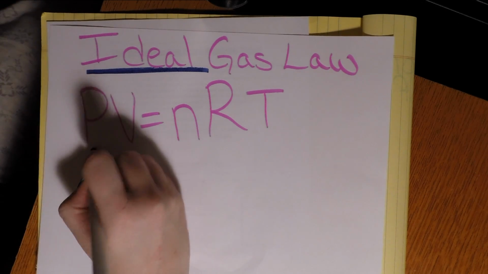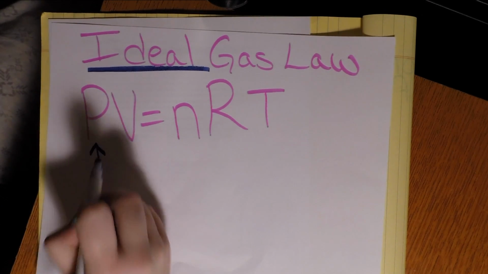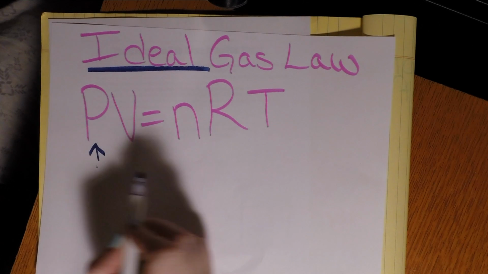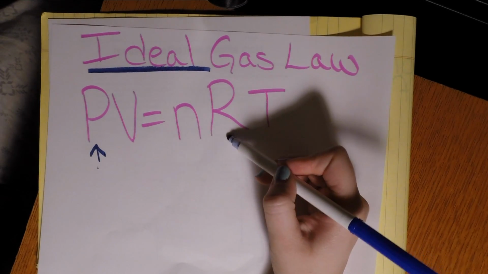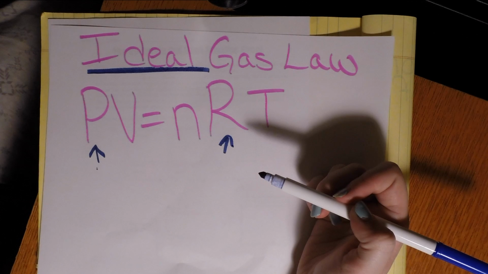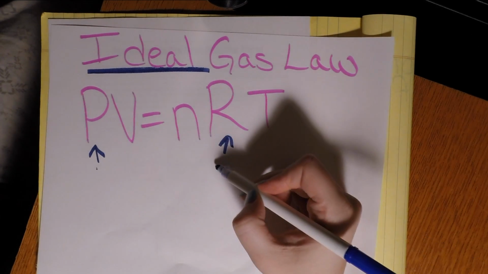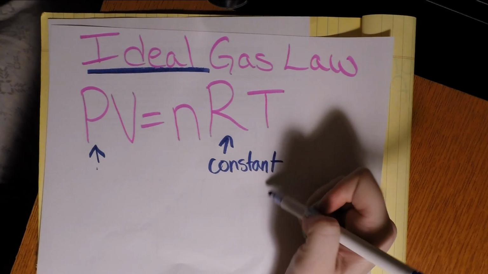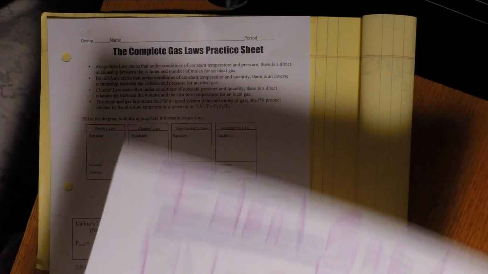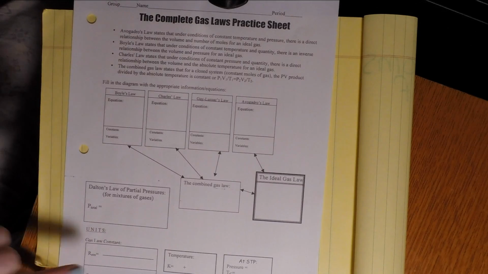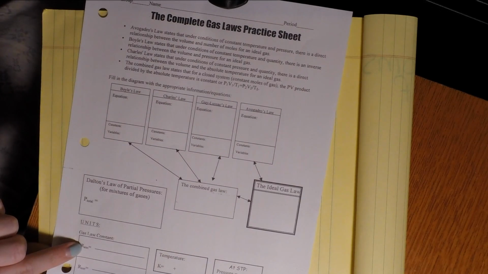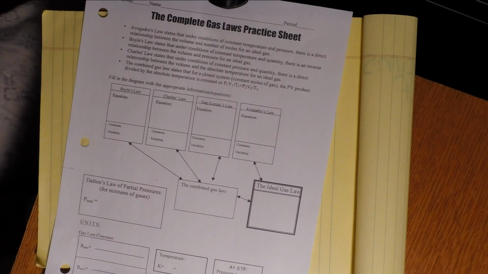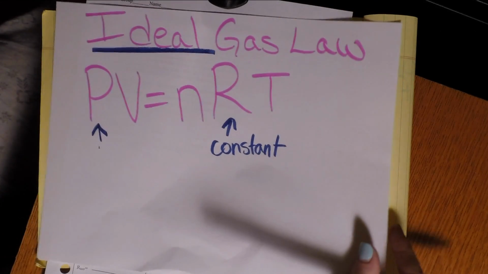So we have P for pressure. This can be in a variety of units, but whatever units you have on pressure needs to match your units for R. R is a constant. Okay, you notice in the bottom left-hand corner of your notes, you have a couple of places for R. We're going to write down our values for R as soon as I'm done with the ideal gas law.